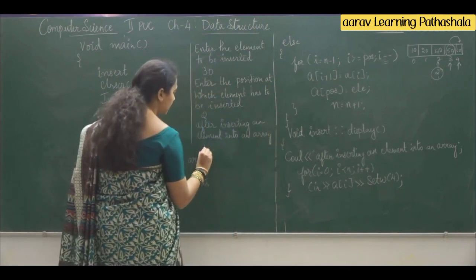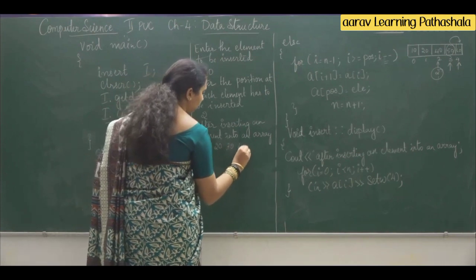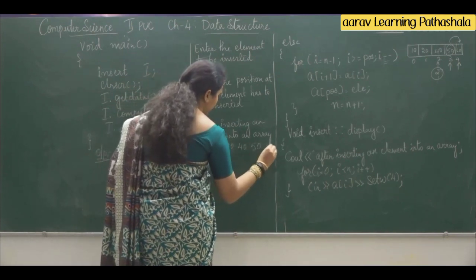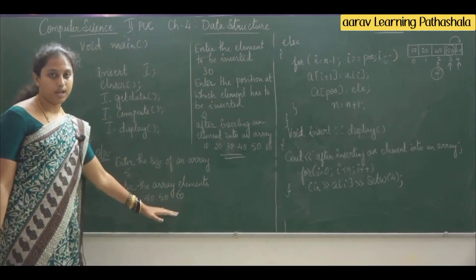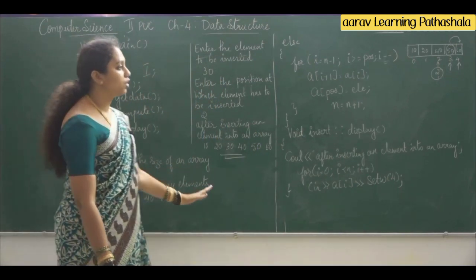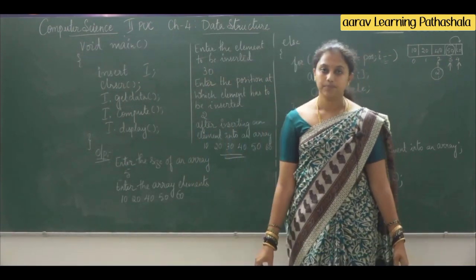So the array contains 10, 20, 30, 40, 50 and 60. So this is the output for this program. So this is how we are going to insert an element into an array. Thank you.